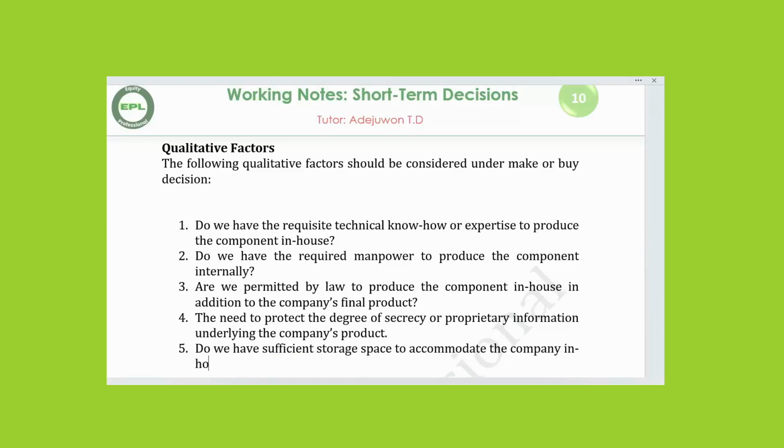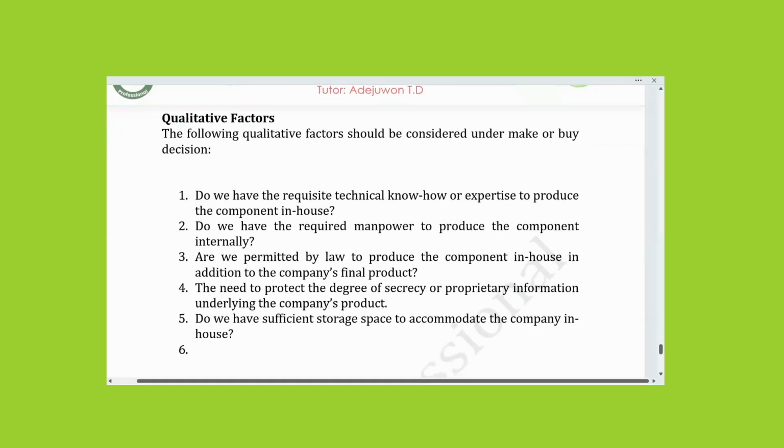So you have adequate storage capacity. What do you do? It's either you rent a space to be able to accommodate that, or you manufacture the components consistent with your capacity. Okay, so these are some of the factors you need to consider as a company.